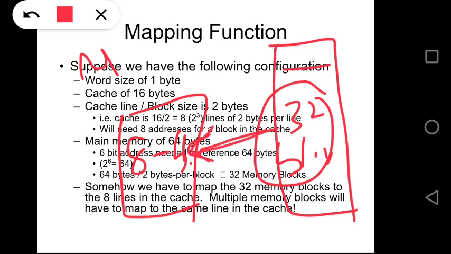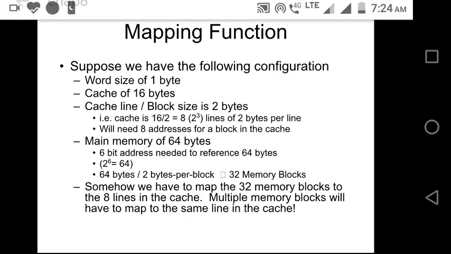So multiple memory blocks will have to map to the same line in the cache. The hint is that multiple memory blocks will have to map to the same cache line. That is the goal. You will see that.